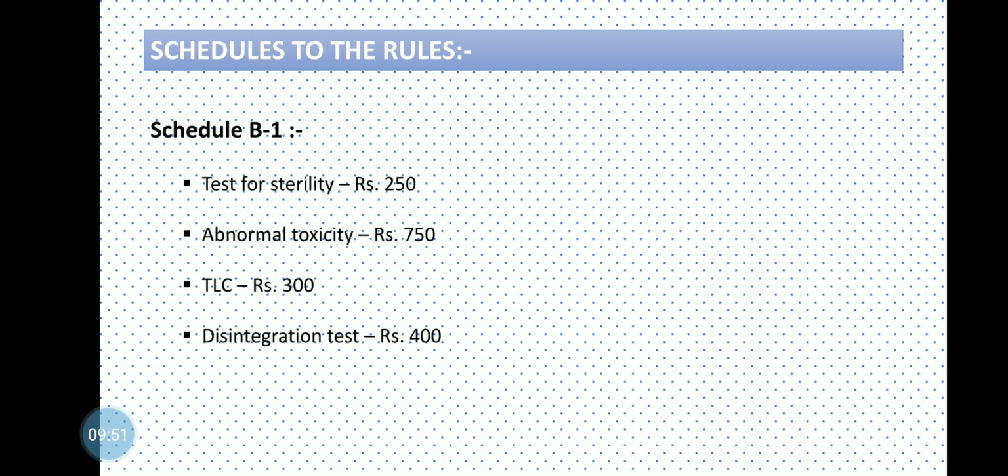Test for sterility rupees 250, abnormal toxicity rupees 750, TLC, that is thin layer chromatography, rupees 300. Disintegration test rupees 400. This fees is to be paid by a person who is sending the sample for testing or analysis to the pharmacopoeial laboratory.